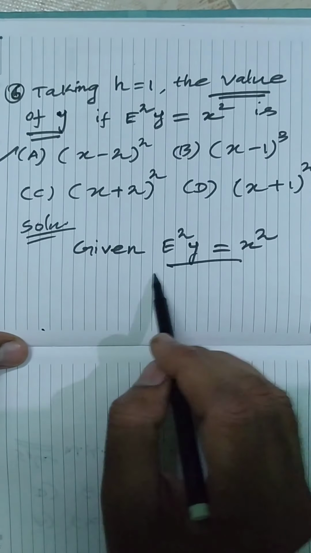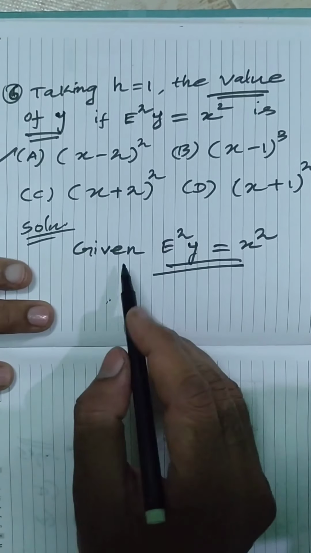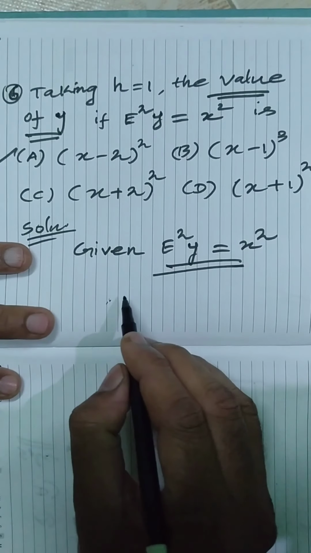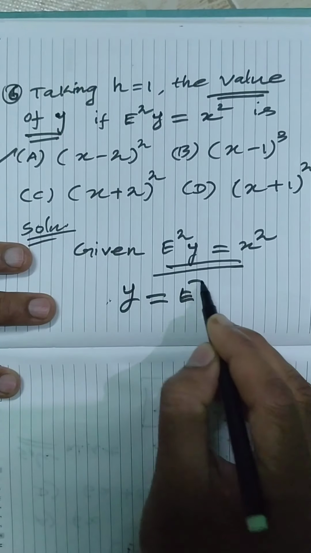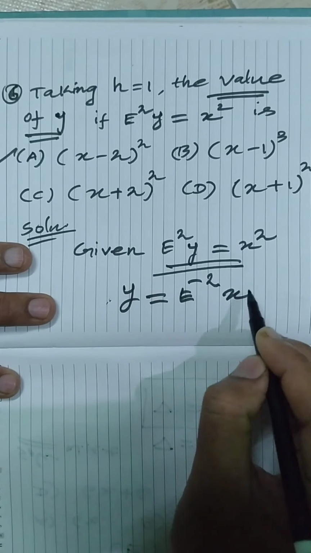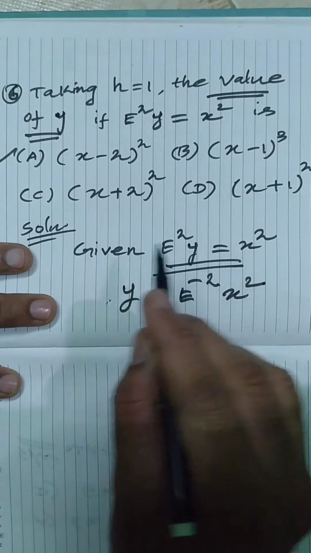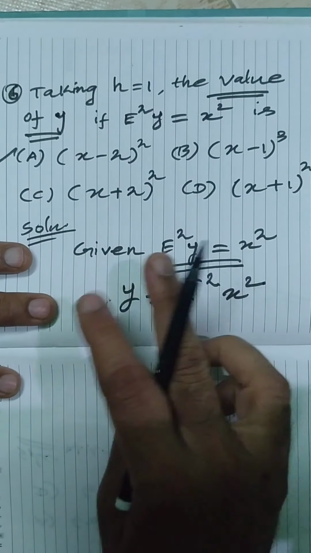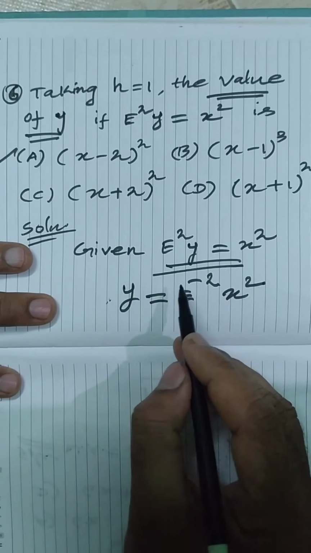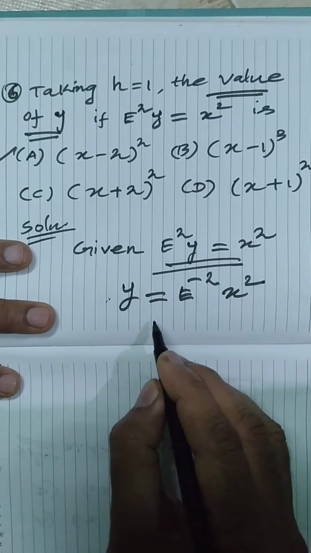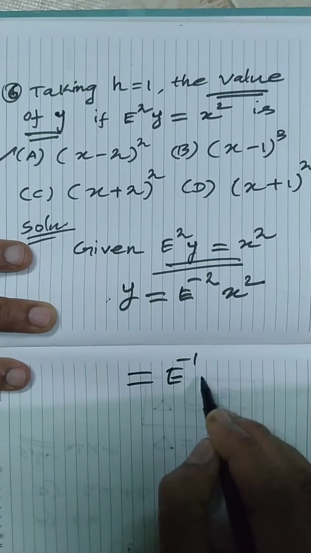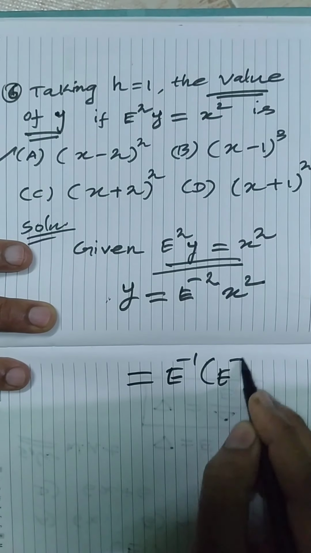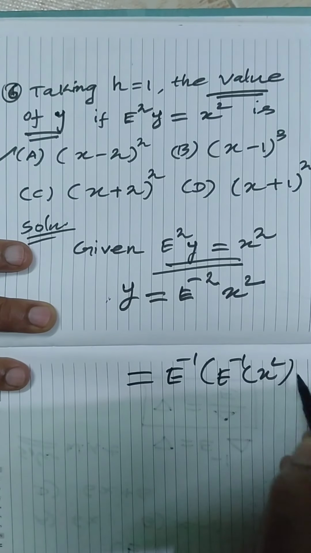The solution is given. Next step, we know very well, y is equal to E power minus 2 of x square. Multiplying both sides with E power minus 2, we are getting this. From this, I am going to first operate E power minus 1 on x square.